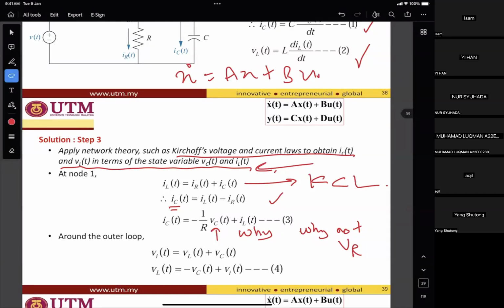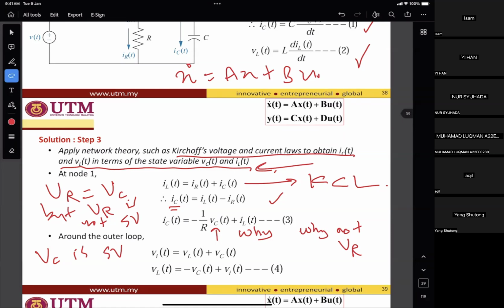It is stated because VR is equal to VC, but VR is not a state variable. VC is the state variable. Okay? Understand?